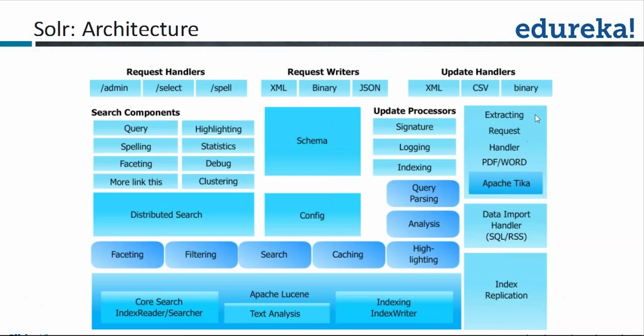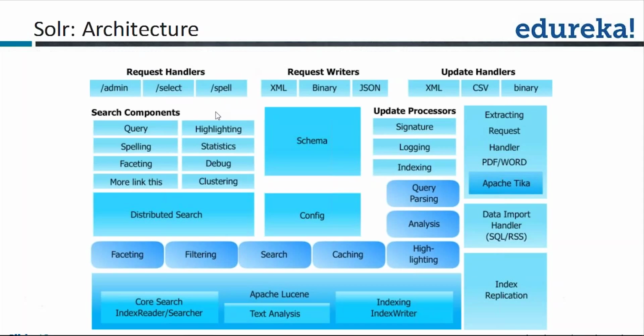Apache Tika, which comes as part of the update handler, extracts the data from a particular file format and indexes that data in my Solr instance. Data picked from any other text file or CSV file is indexed in the same way.